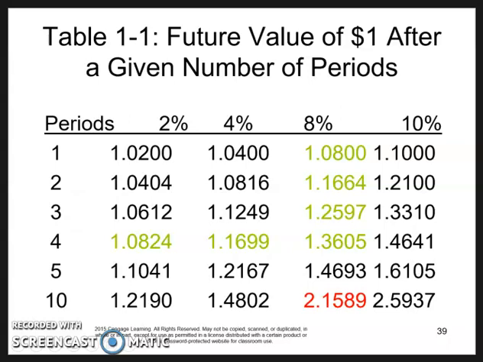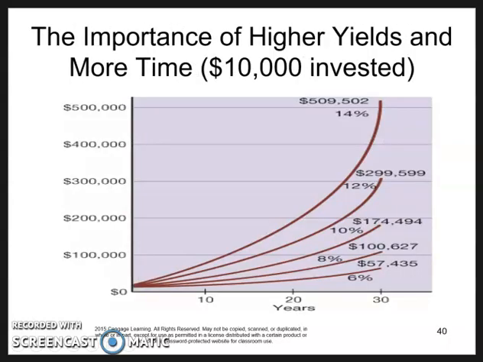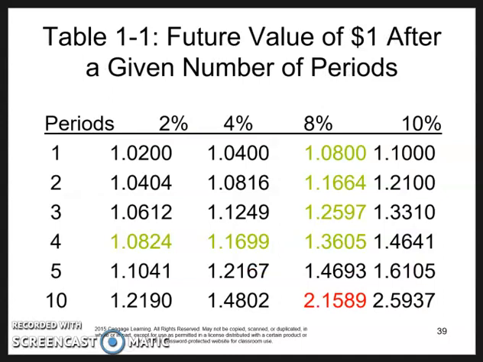So the 1 year, for example, at 8%: 1 plus 0.08, so that would be 8%. For 1 year, it would be just 1.08 to the first power. For 10 years, it's going to be 1.08 to the 10th power. So that's a fairly simple formula. If you don't necessarily want to use a financial calculator for these types of calculations, you can do so.